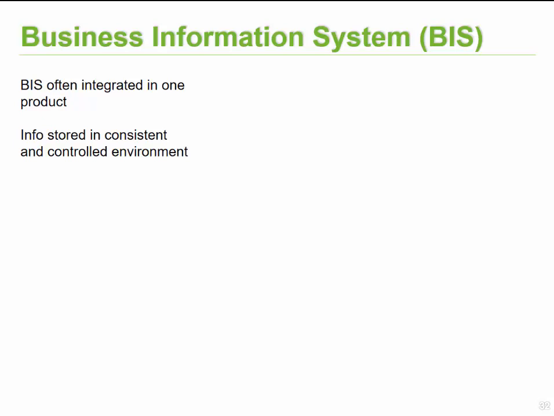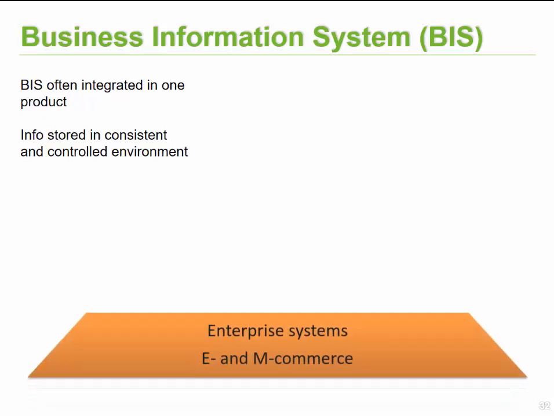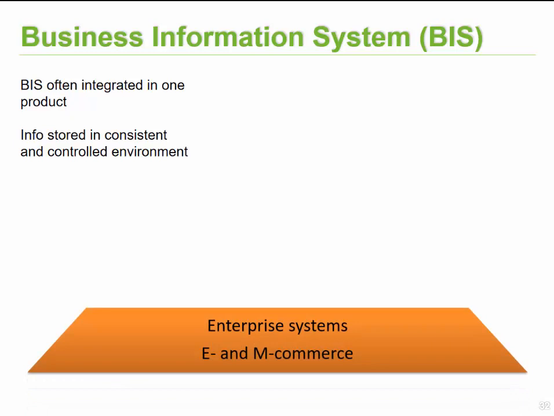Now let's continue with the next section, talking about the different types of systems and how they fit into the bigger picture. We're going to do this in the form of a pyramid. At the bottom, we typically find the base of our pyramid, which includes systems that are used quite a lot. These typically include your e-commerce systems as well as your enterprise systems.